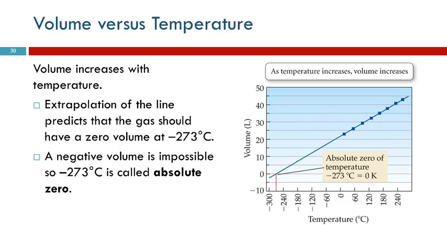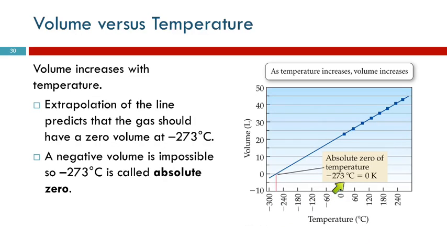So Charles' law tells us that the volume and the temperature are directly related. Not inversely, but directly. The volume increases with the temperature. So here's a graph showing the volume of a gas in liters and the temperature in Celsius.